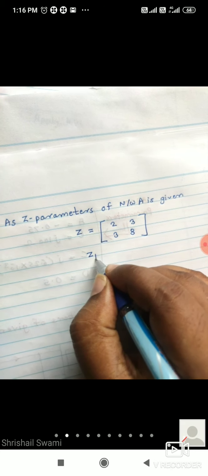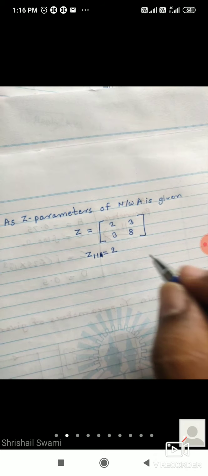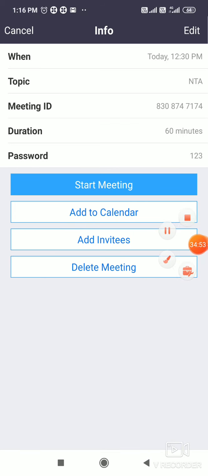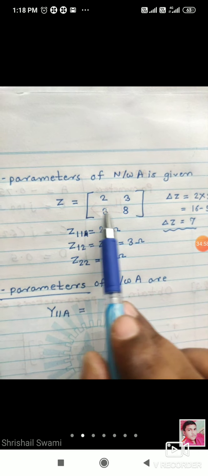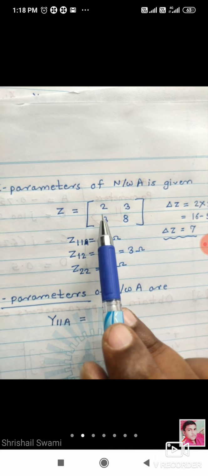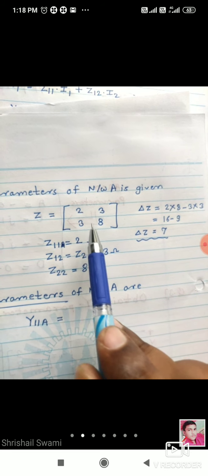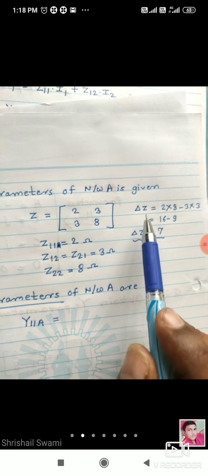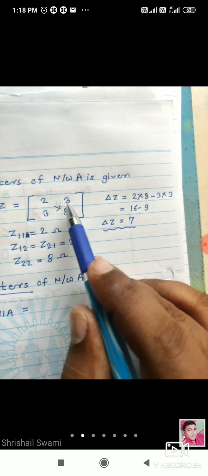Z is equal to, काय दिलेलं आहे बघा, 2 3 3 8. ओके, सो दॅट इज नथिंग बट Z11 इज इक्वल टू 2. So the Z matrix is given for the network A, that is 2, 3, 3, 8. So find out delta Z. Delta Z means what? Determinant of this matrix. So delta Z is nothing but 2 into 8 minus 3 into 3.